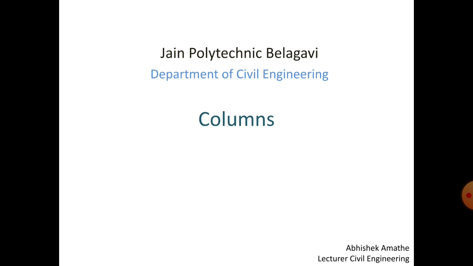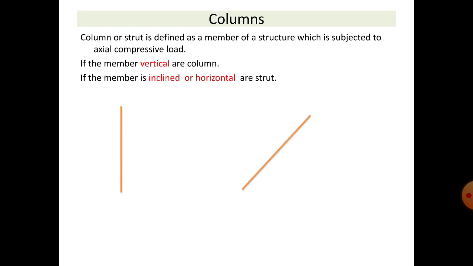So here, a column or a strut is a member of a structure which is subjected to axial compressive load. One more term is there, that is strut. If it is not mentioned whether it is vertical, inclined or horizontal, then it becomes either a strut or a column. If it is mentioned that it's a vertical member, then it is a column.